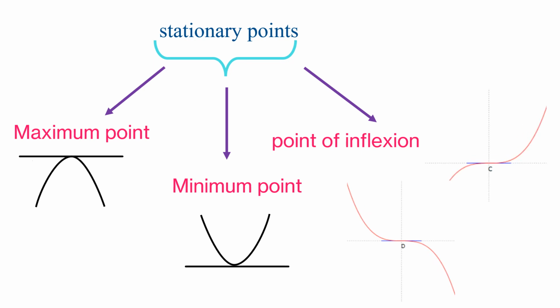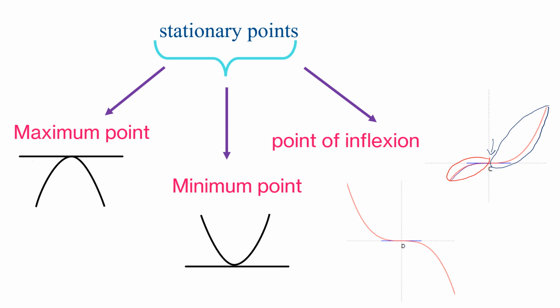So why is it called a point of inflection? Let's examine this curve here. If you were to consider this part of the curve, point C is considered a maximum point for this part of the curve. However, if we were to examine the other part of the curve, then that particular point here is no longer a maximum point, it's a minimum point.